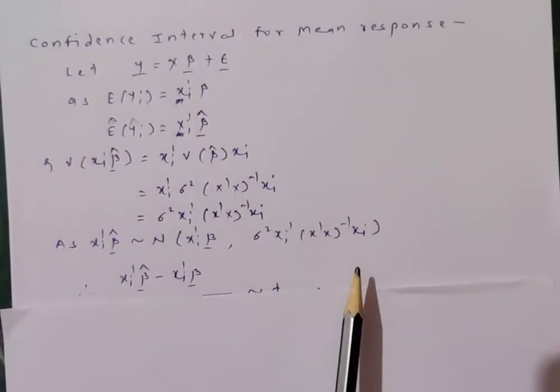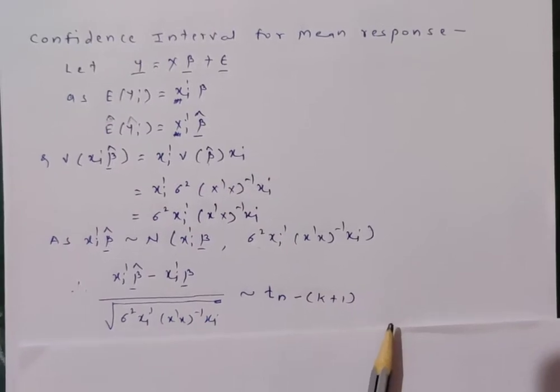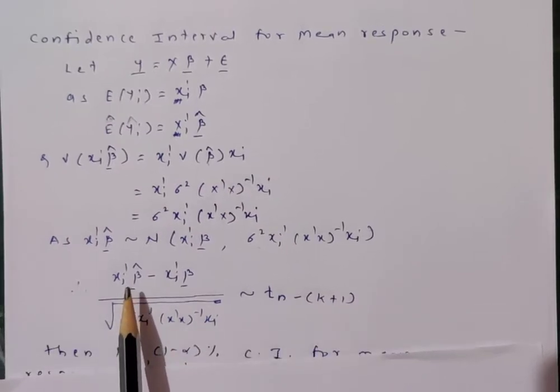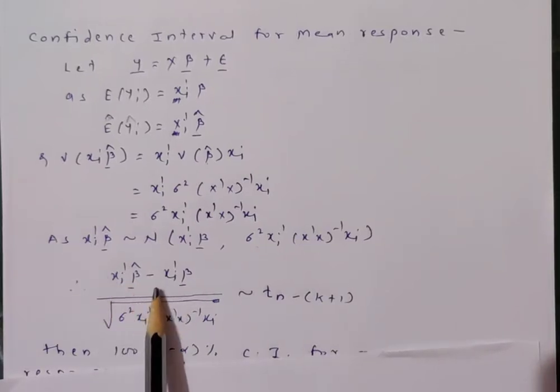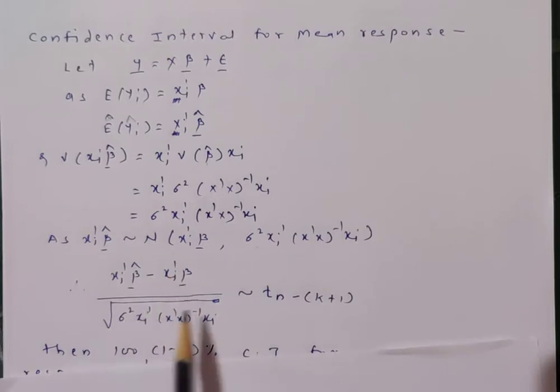Now for the confidence interval we have xi prime beta hat, the predicted value, minus xi prime beta, the actual value, divided by the square root of the variance estimate sigma hat square xi prime x dash x inverse xi, which follows a t distribution with n minus k plus 1 degrees of freedom.